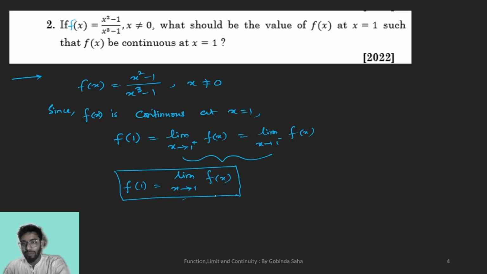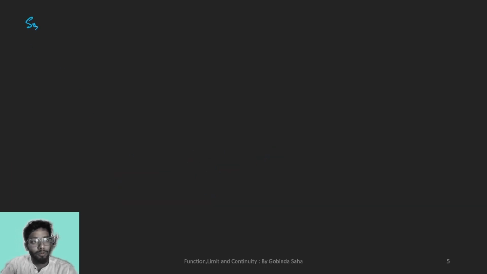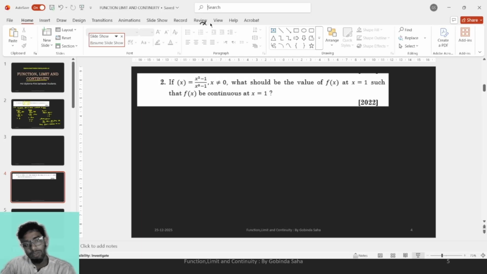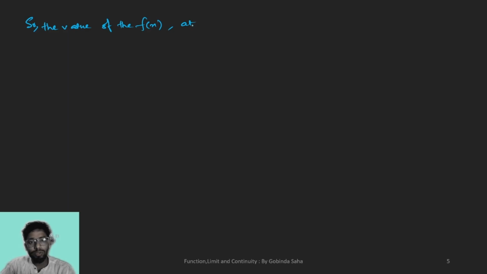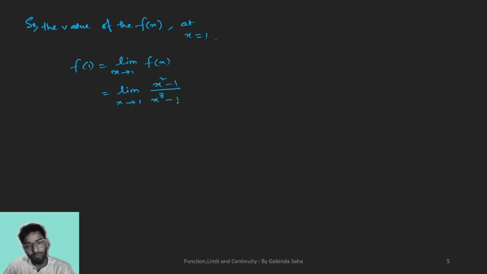That means the value of the function f(x) at x equals 1 is basically our f of 1, which is nothing but limit x tends to 1 f(x), and f(x) is given to us, which is (x square minus 1) by (x cube minus 1).